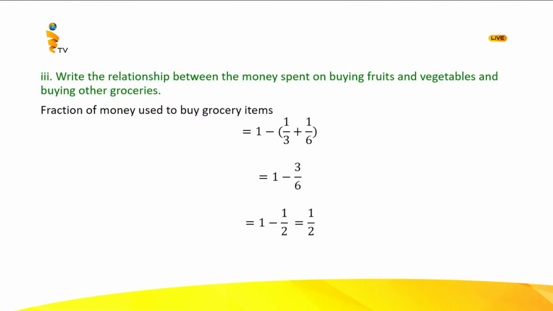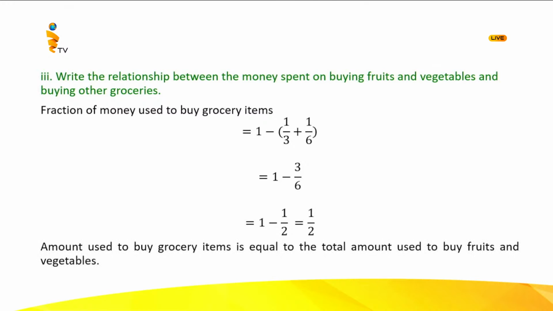So you can write the relationship: the amount used to buy grocery items is equal to the total amount used for buying fruits and vegetables. I suppose you can understand this because they ask to find the relationship between the money spent on buying fruits and vegetables. It is equal to half, and the money spent on buying grocery items is also equal to half. That means the amounts are equal.